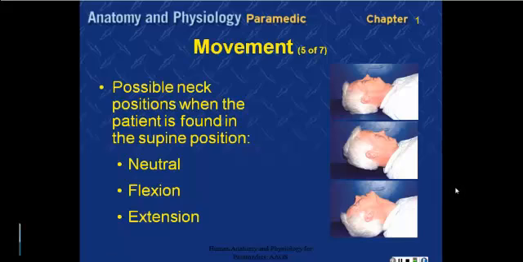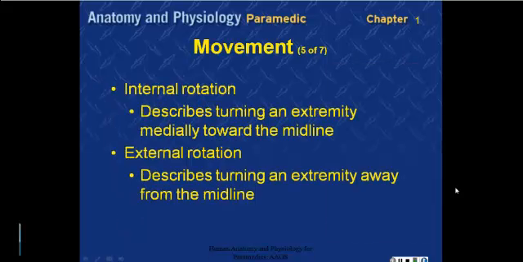Internal and external rotation. Internal rotation describes turning an extremity medially towards the midline. External rotation is turning it away from the midline. Usually this term is used in pre-hospital medicine to describe the position of the patient's lower extremities.